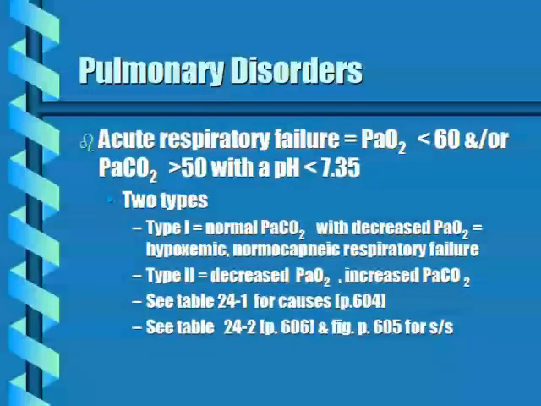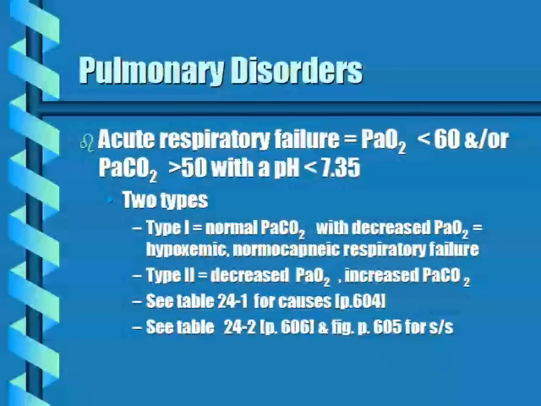This is called hypoxemic normal capnic respiratory failure. It's due to a VQ mismatch and intrapulmonary shunting, probably due to pulmonary embolism, atelectasis, or pneumonia. Type 2 is a decrease in your PaO2 with an increase in your PaCO2. This is due to alveolar hypoventilation.